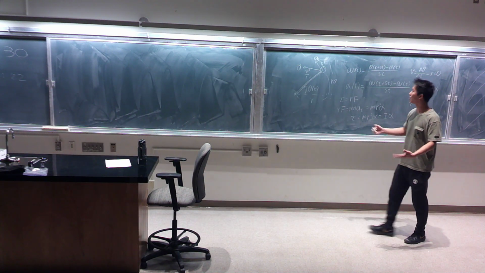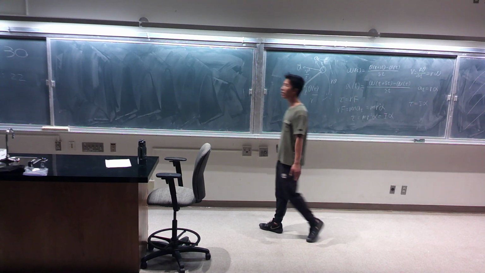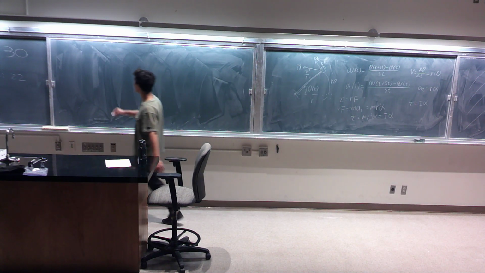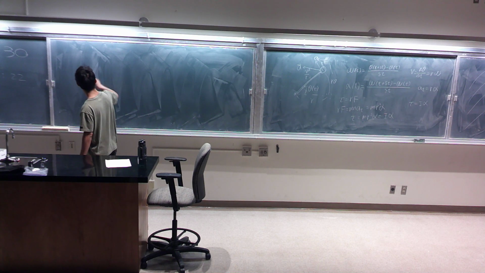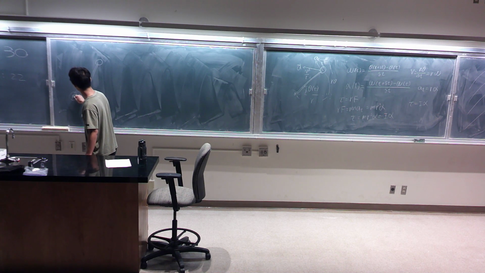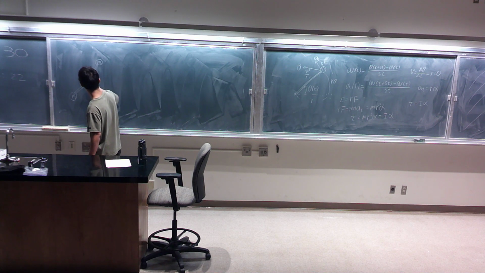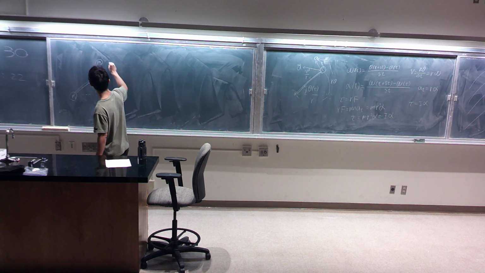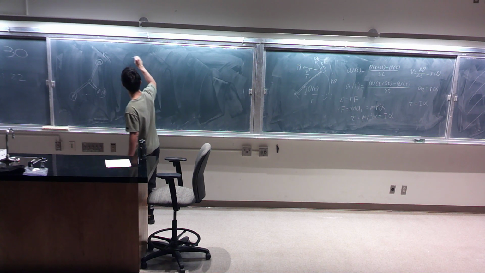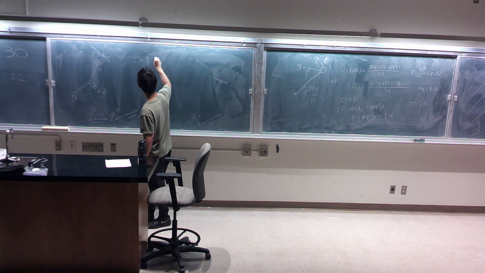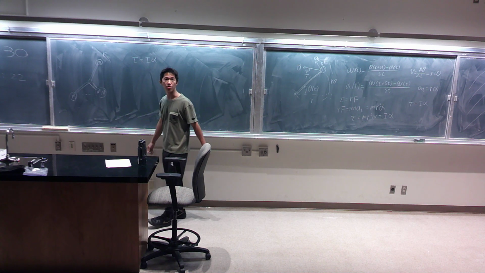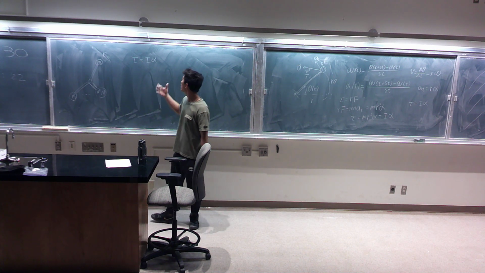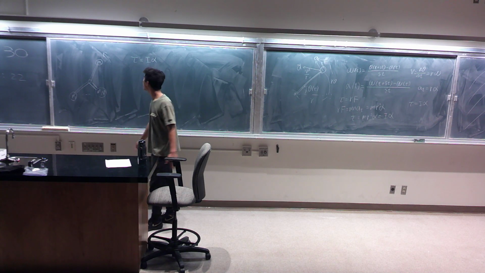So let's look at the case with more than one particle. When you have more than one particle rotating, m1, m2, all the way to mn, then the torque will cause an angular acceleration. Let's say that angular acceleration is a constant.